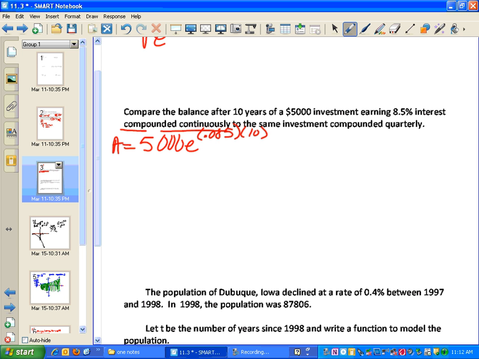E is that 2.78. It's that arithmetic series. It's irrational. So second LN gives you your E function, and then .085 times 10, close your parenthesis. So I get $11,698.23. This whole thing, E to the .085 times 10.